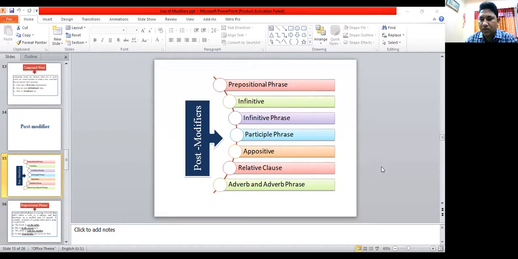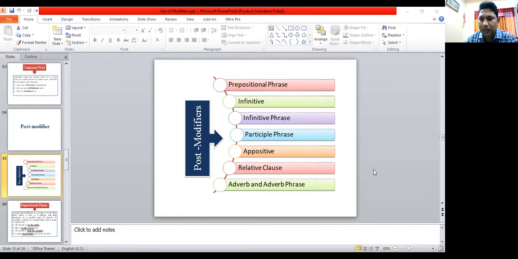In my last class, I discussed the basic ideas about free modifiers. Today, I'm going to discuss force modifiers. Now, the question is, what are the grammatical items that are basically used as force modifiers? Okay. Have a look on the screen.